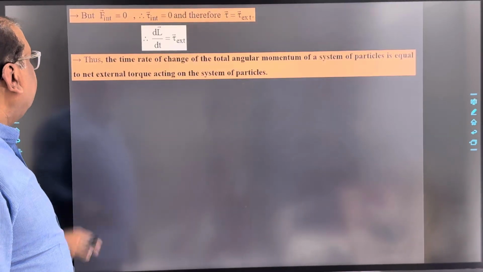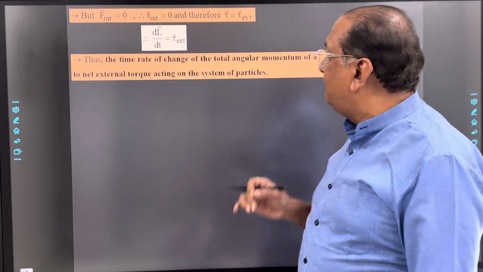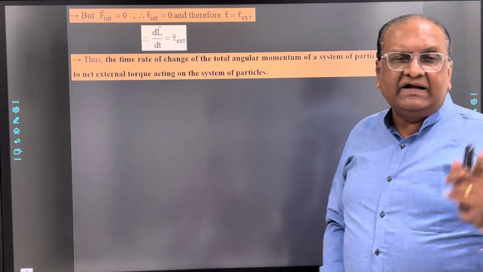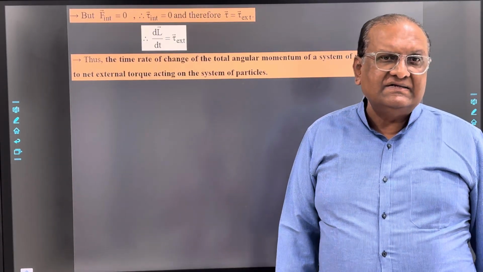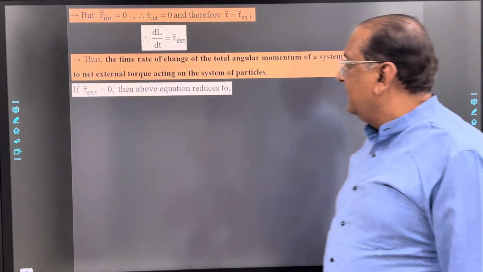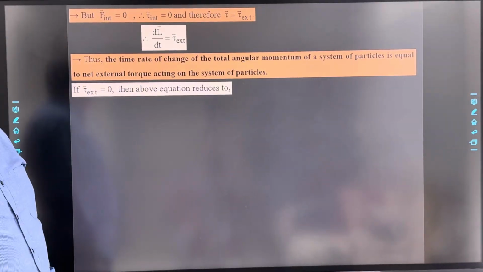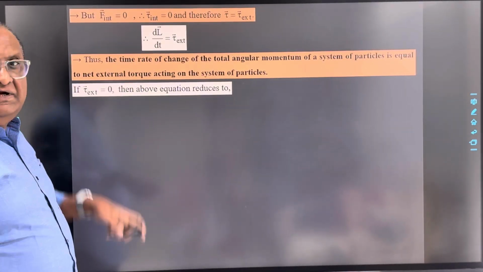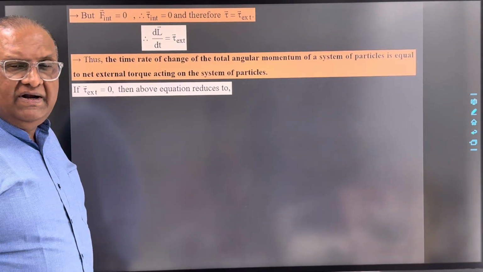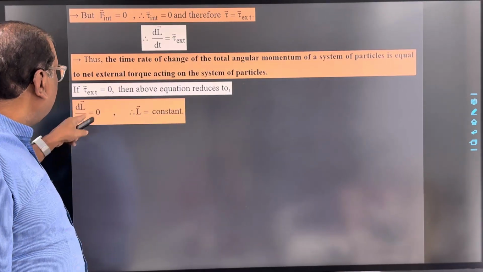Now we can say the time rate of change of total angular momentum of a system of particles is equal to the net external torque acting on the system of particles, and this is in analogy with Newton's second law of motion. Now if tau external is equal to 0, then in that particular case angular momentum will be constant, because dL by dt is equal to 0.